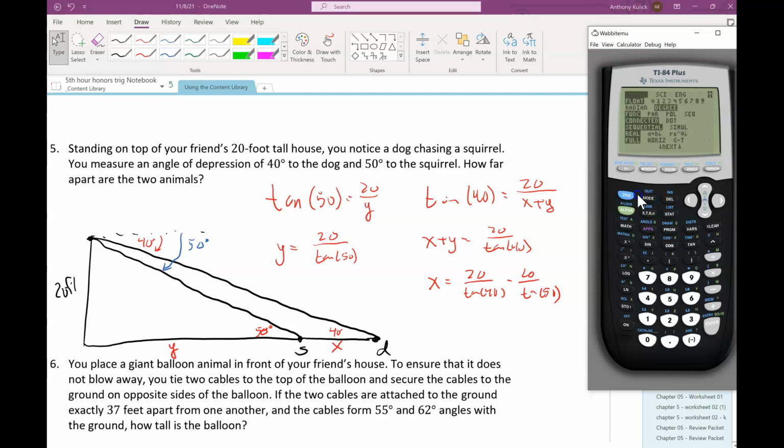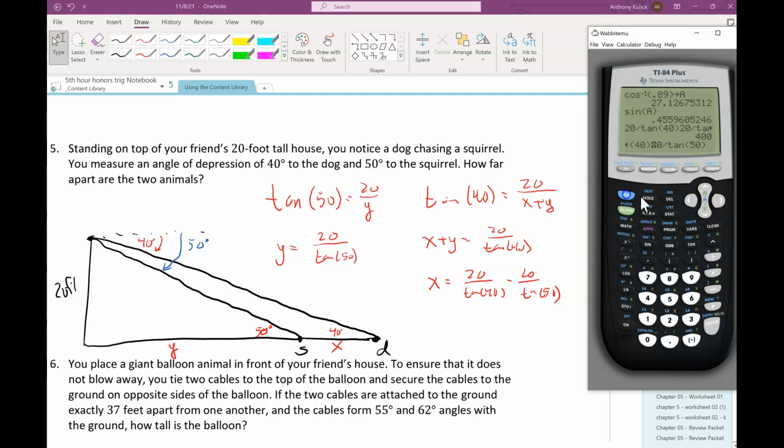What mode are we in? Still degree. Okay. 20 divided by tan 40 minus 20 divided by tan 50. So, oh, shoot.